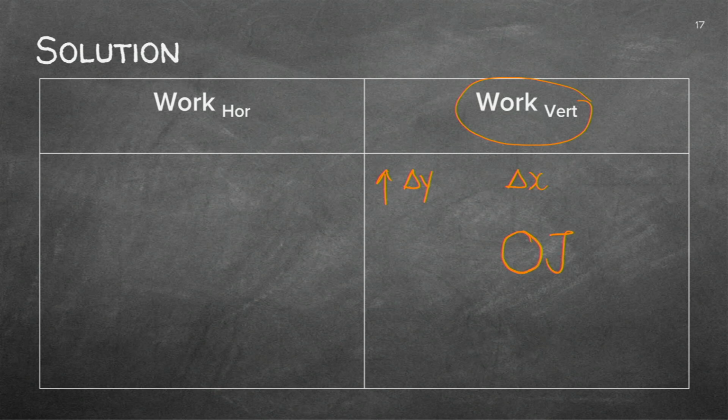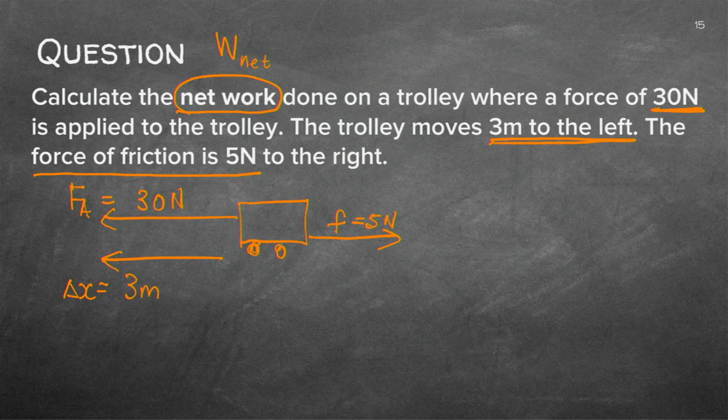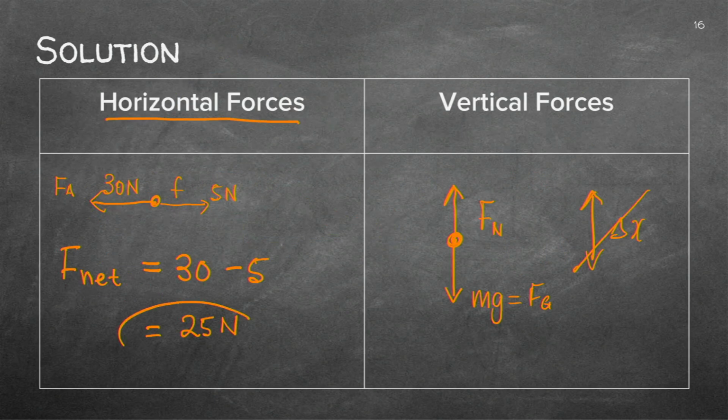In the horizontal plane, you could work with the work net is equal to the F net times the cos theta times delta X. We worked out F net. If you go back to this, we said it's 25.